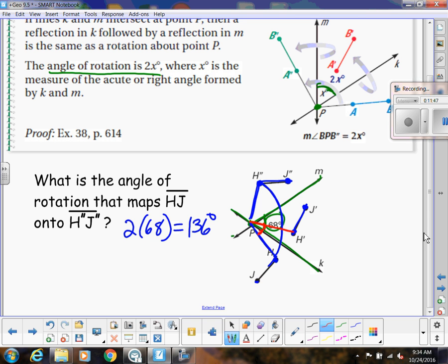And then if I go from this one to this one, again, I don't know what that angle is, but I know that this angle right here and this angle right here are congruent. The green and the red inside, the single arc plus the double arc, add up to be 68, because that's what it told us. And then I have another green and a double arc on the outside, so that's why we're doubling that.